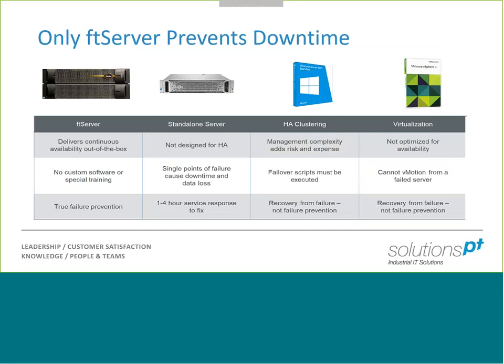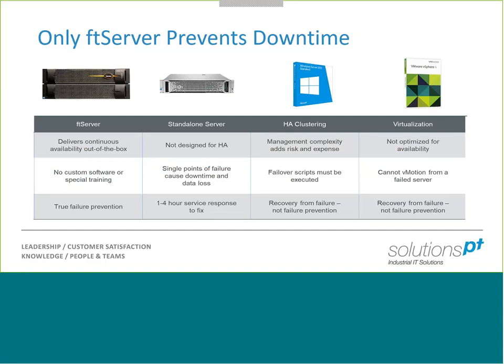So if a server goes down and this is the one standalone server, then you can imagine that you're suffering downtime as soon as that occurs. You need to wait for an engineer to come out and fix a machine, and hopefully you can do that as soon as possible. But it isn't really designed for these edge locations where availability is a real big factor.